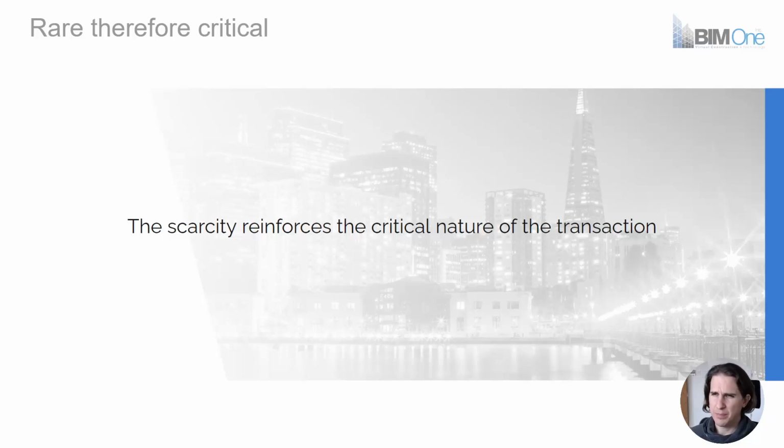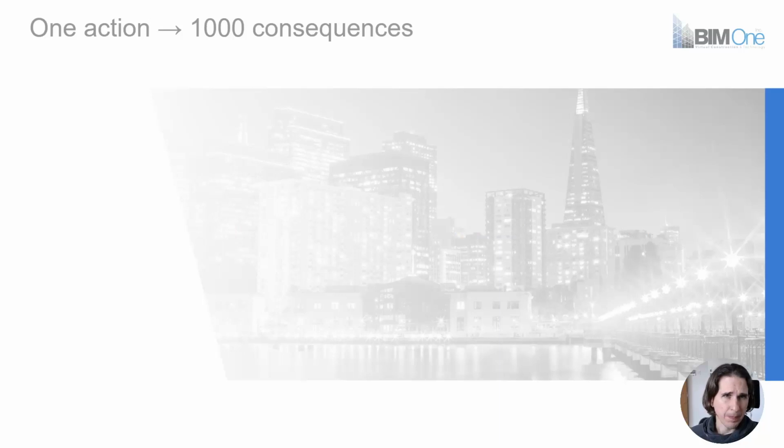To sum that up, the scarcity reinforces the critical nature of the transaction, meaning when you move the reference of a project. So one action, meaning georeferencing, implies 1,000 consequences.